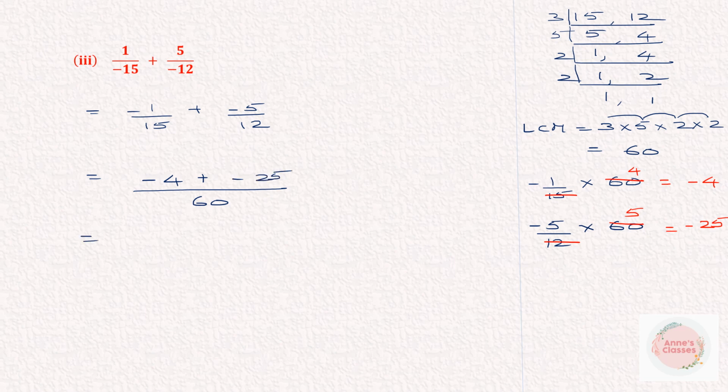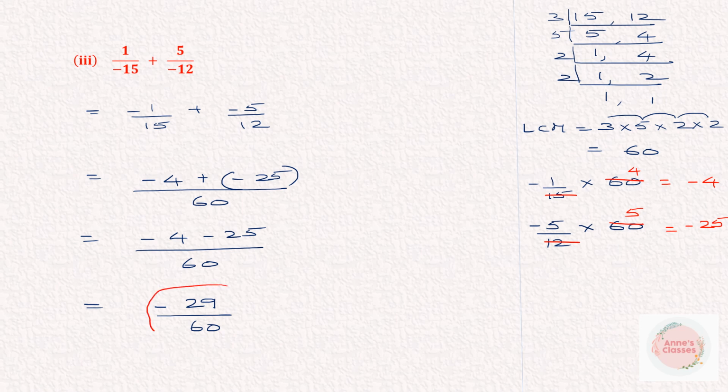So here we have minus 4 plus minus 25. Let's remove the brackets. Minus 4 minus 25 by 60. Signs are the same, so put the same sign and add. 4 plus 25 is 29 and the denominator is 60. So our final answer here is minus 29 by 60.